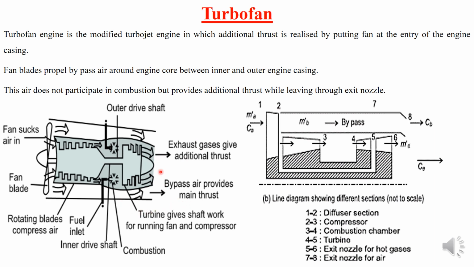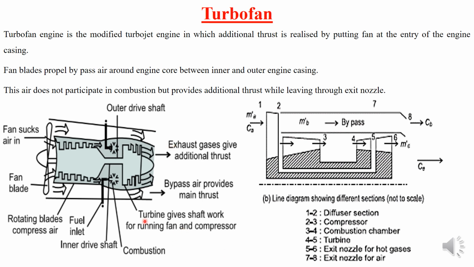So hence the force will be more. Once the force is more, the creation of thrust also will be more. So that is the advantage of your turbofan. It combines both the exhaust pressure as well as the air pressure. That is the difference between your turbojet and turbofan.